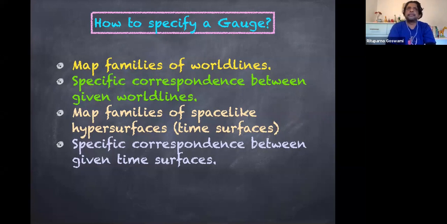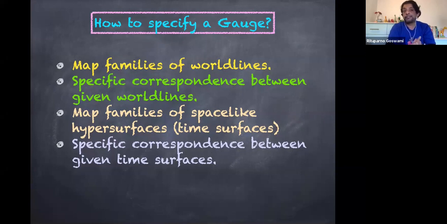The natural mapping may be from fluid flow lines to fluid flow lines, or sometimes it may be easier to map the fluid flow lines of the ideal universe to the hypersurface orthogonal world lines in the lumpy universe, and so on and so forth. It depends on what exactly we are trying to look at. So that is mapping families to families.